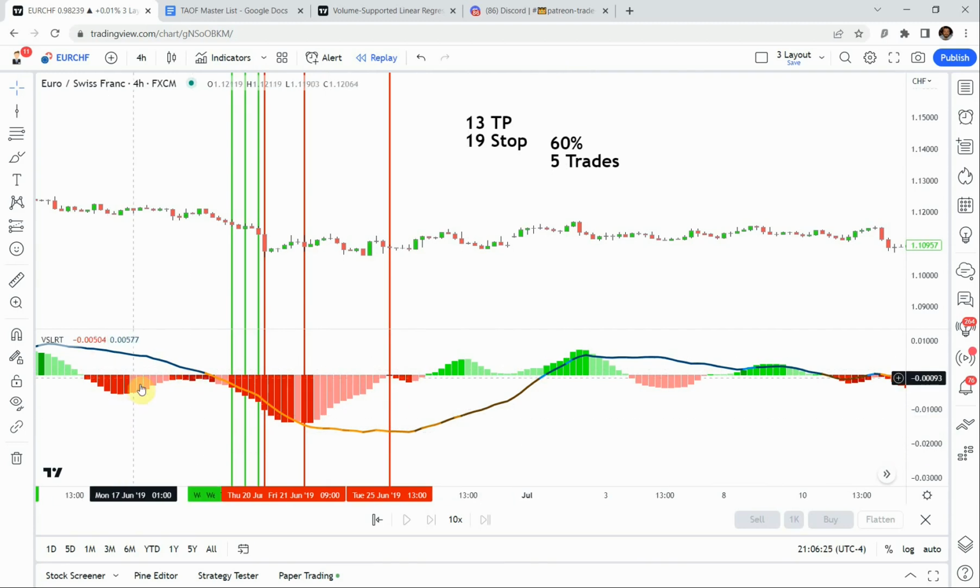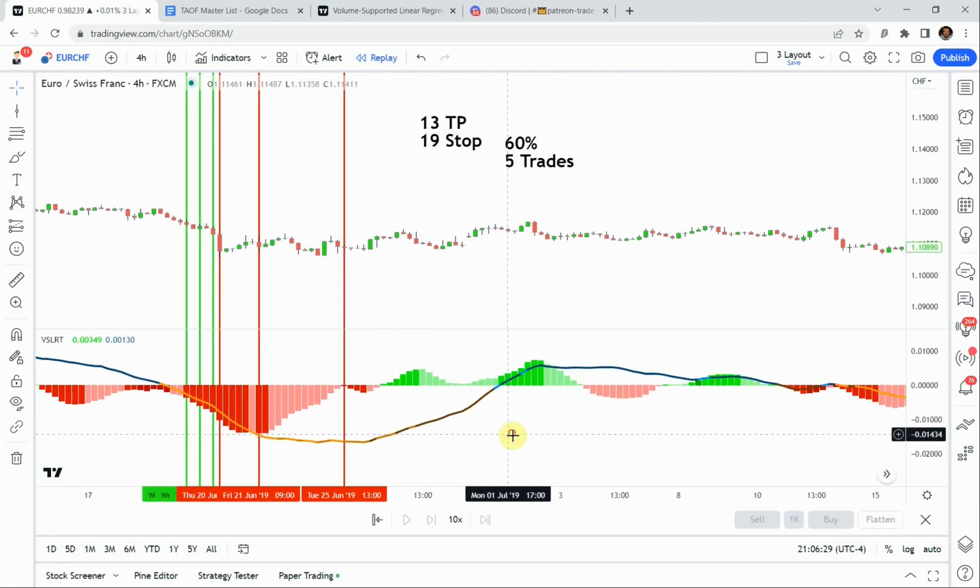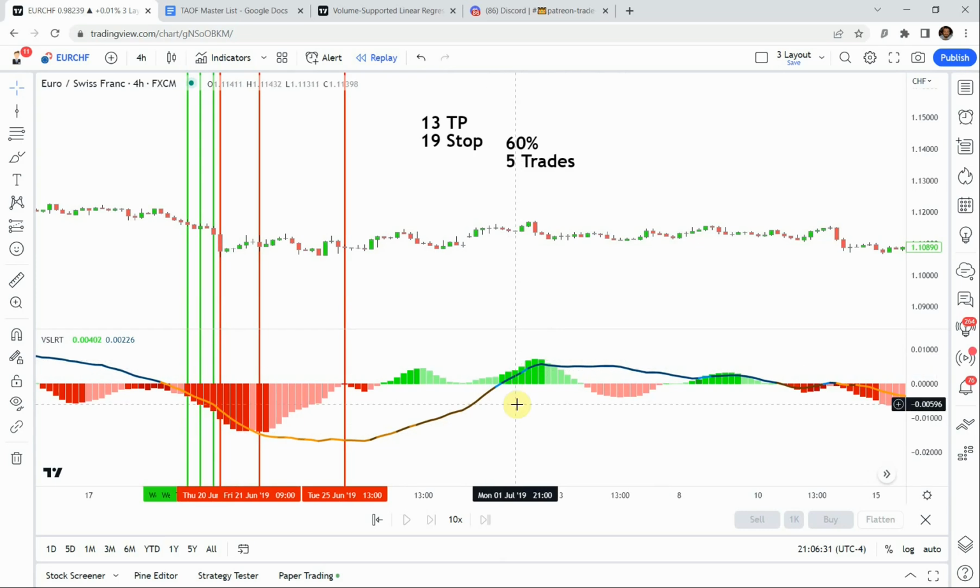The larger line oscillating through is a long-term trend identifier. And so what we were looking for was when the larger oscillating line was below the zero line. Right down the middle of the green histogram and red histogram is the zero line.